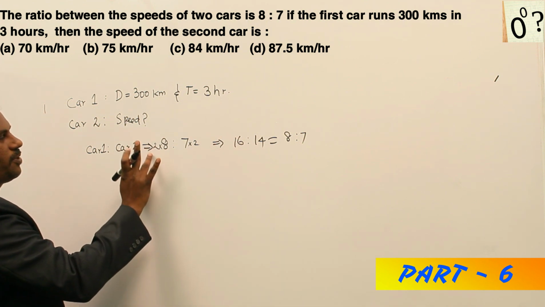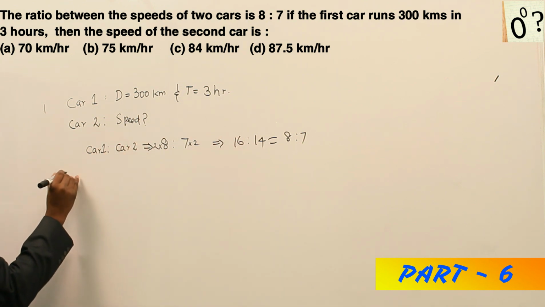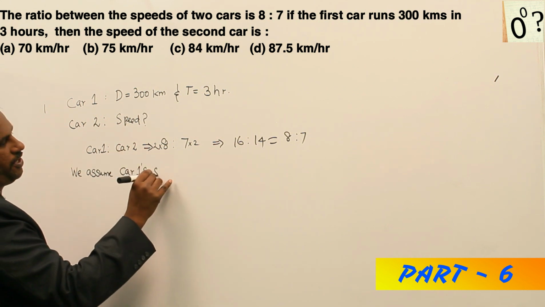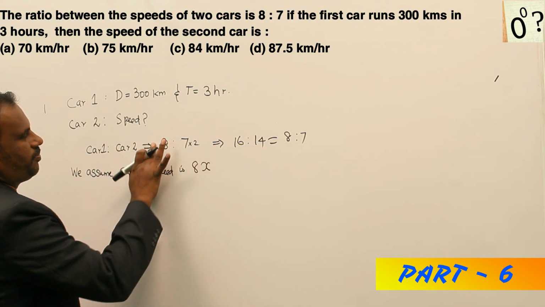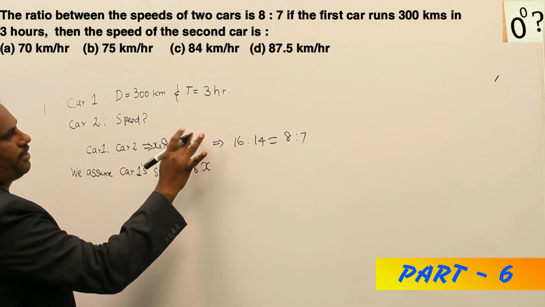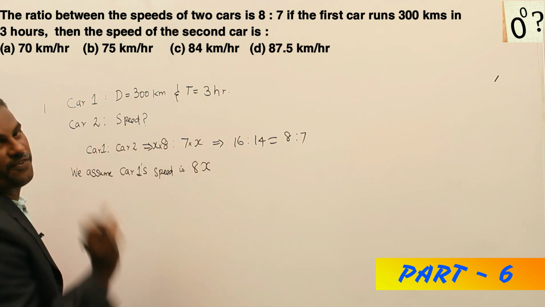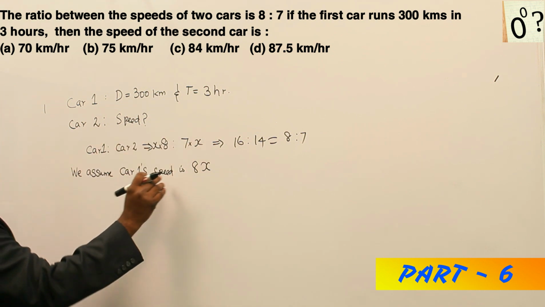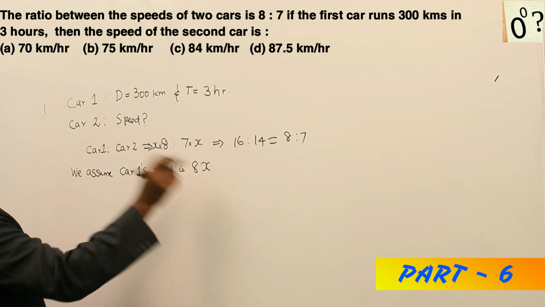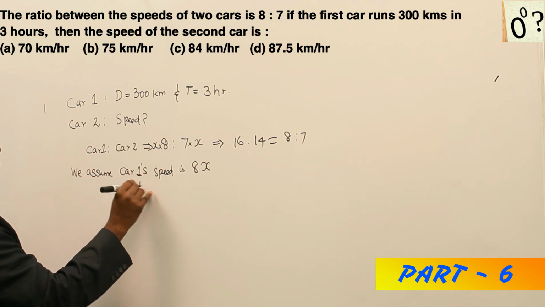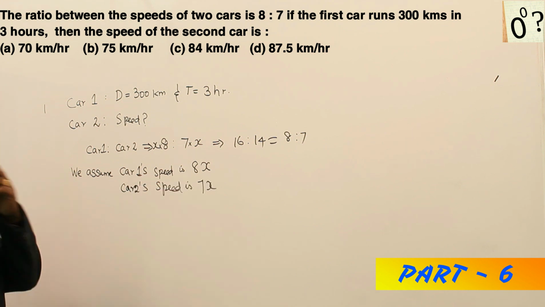So for assumption purposes, we assume car 1's speed is 8x. Just multiply x here and here, so the ratio never changes. So 8x is to 7x. Car 1's speed is 8x, and in the same way the speed of car 2 is 7x.